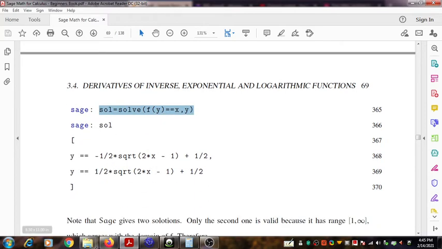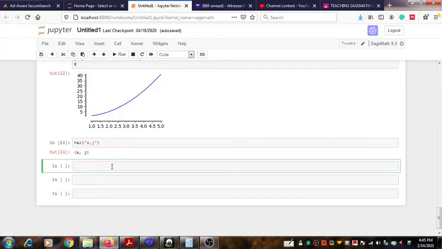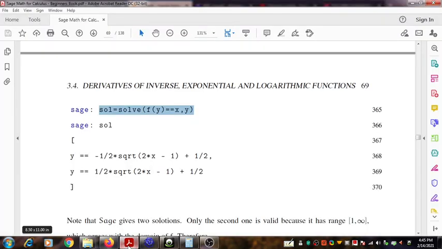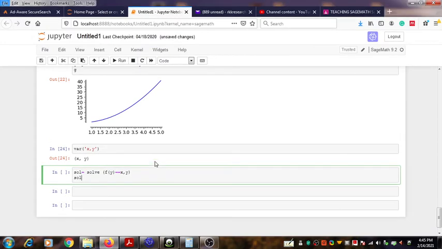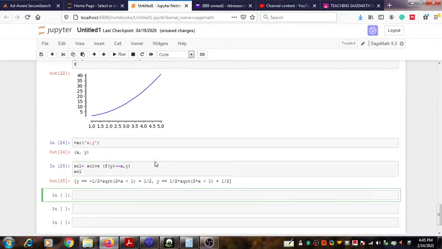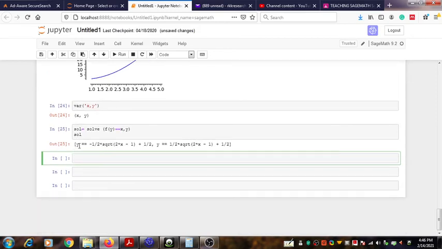Now you can verify that just by copying that. If you want to display the content of the variable, here it is sol, type the variable. Okay, and it shows that there is no error.